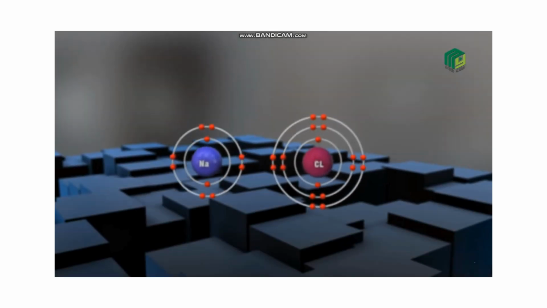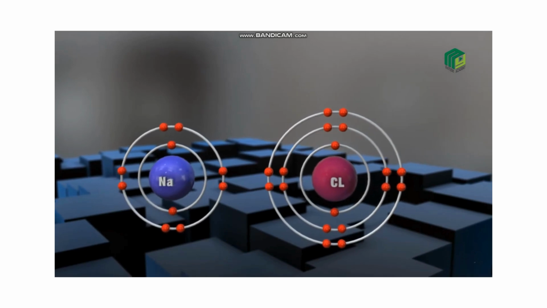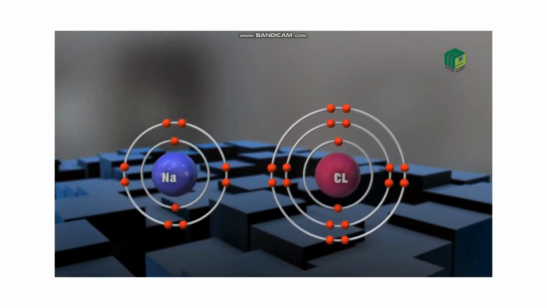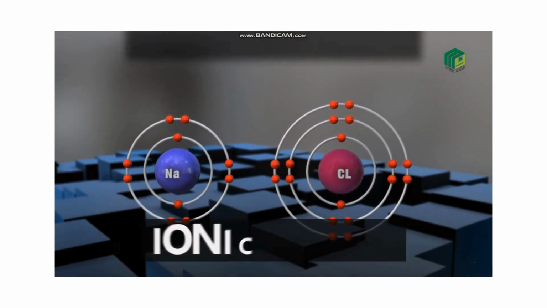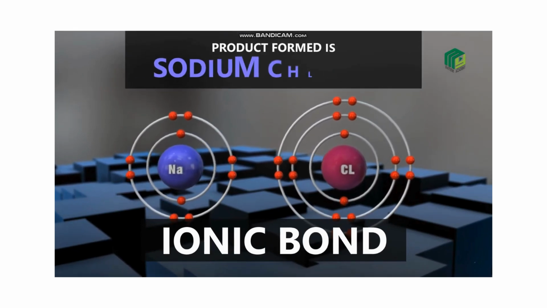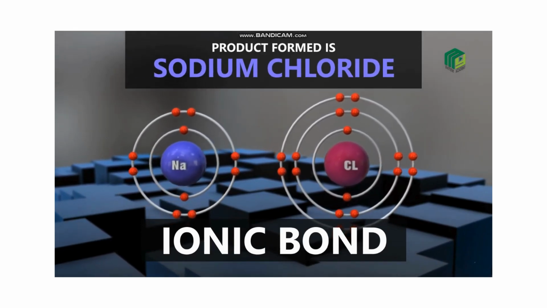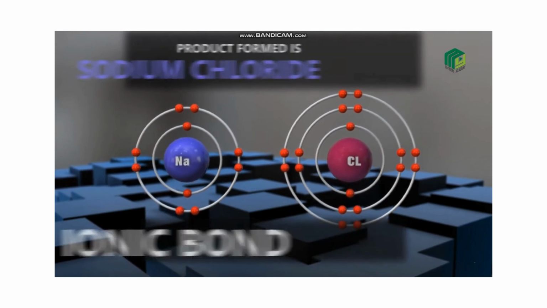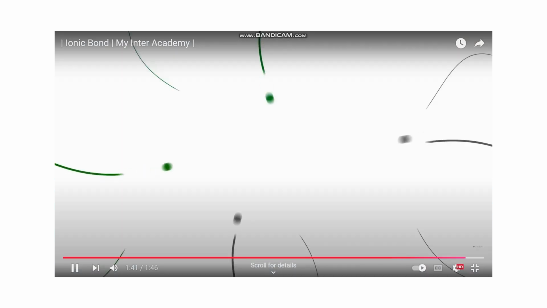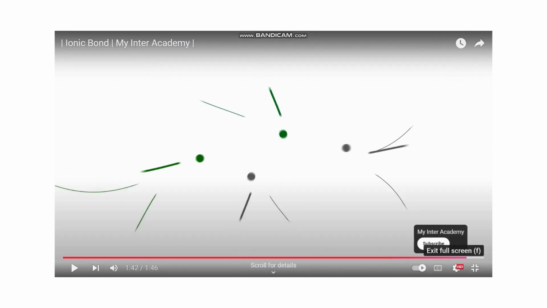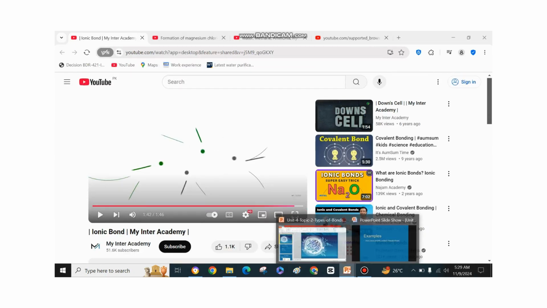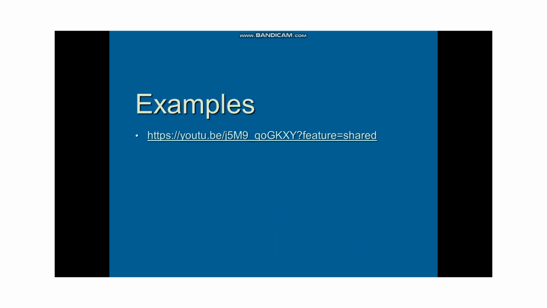Since there was complete transfer of 1 electron, the bond formed between sodium and chlorine is an ionic bond, and the product formed is sodium chloride, also known as table salt. So this was the question. The table salt question was added in your worksheet. So hopefully you have worked on it.